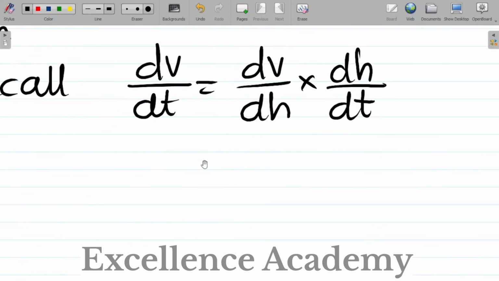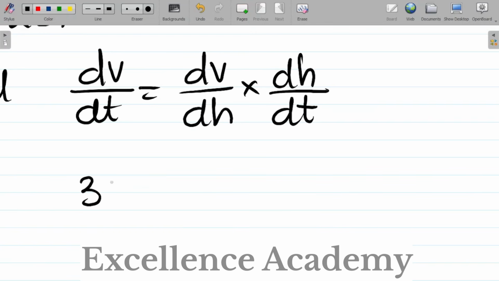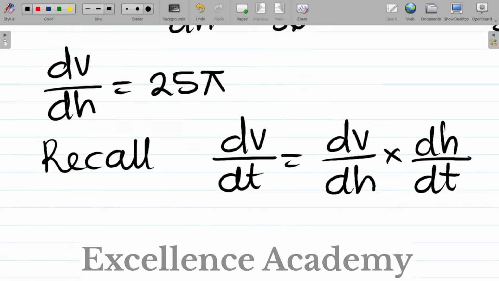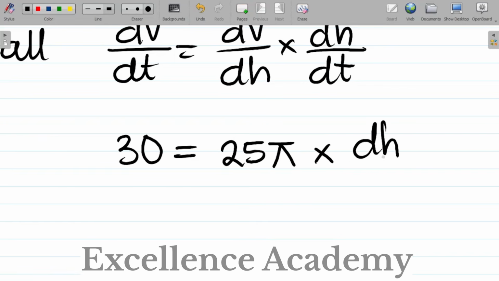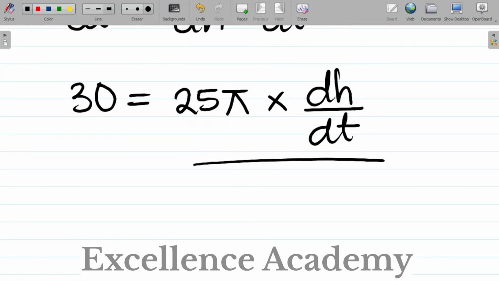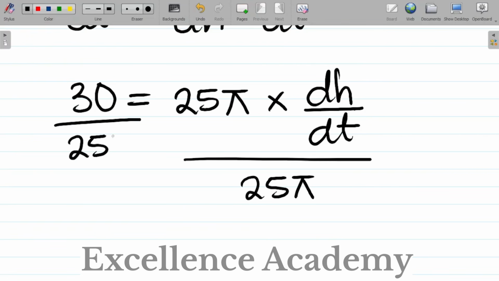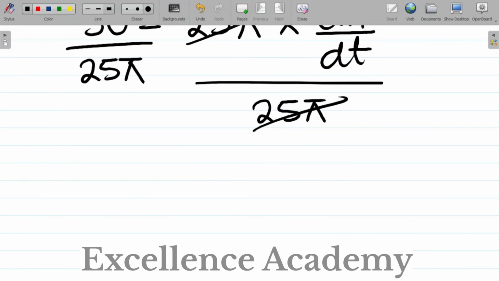So dv/dt is 30. 30 is equal to dv/dh, 25 pi, times dh/dt. To get dh/dt, we have to divide here by 25 pi and divide here by 25 pi. Obviously this cancels this, so from here we'll have 30 over 25 pi.